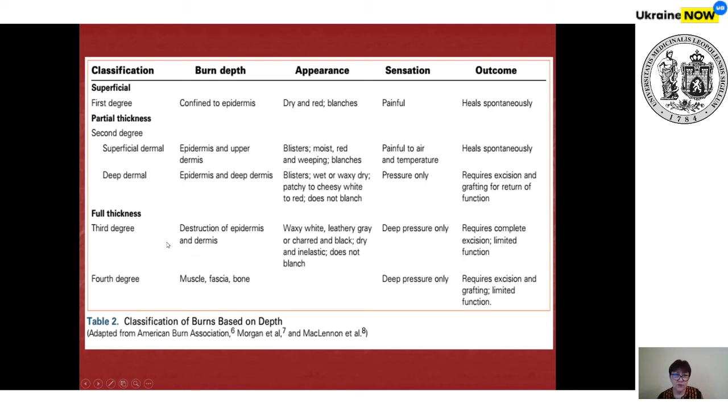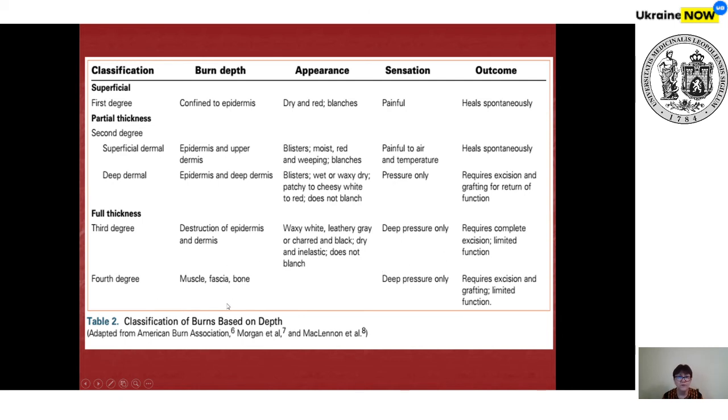Full thickness, third degree burns, are destruction of the epidermis and dermis. Appearance is waxy white, leathery gray or charred and black, dry and inelastic, and it does not blanch. There is sensation to deep pressure only, and it requires complete excision, with limited function due to contractures.